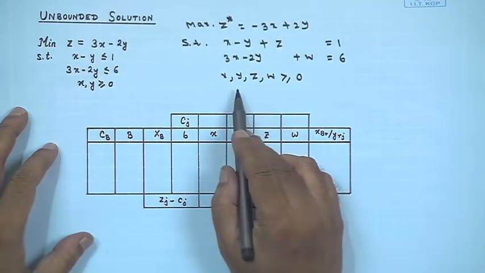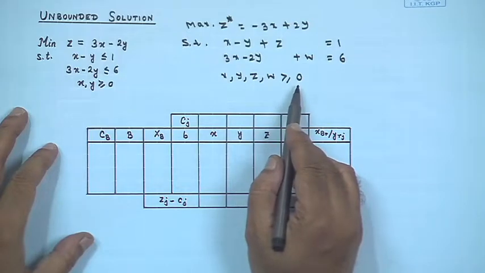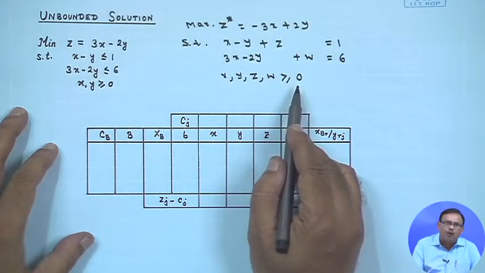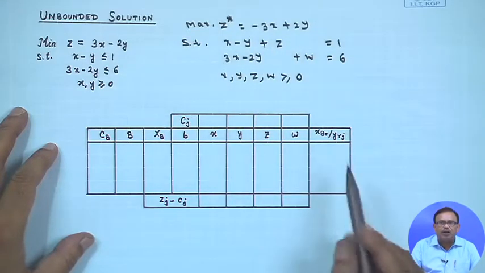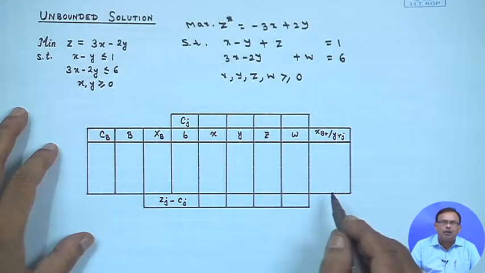Since it was a minimization problem, I am converting it into a maximization problem, max z star subject to these two equations, where inequalities are replaced by equalities by adding the slack variables.